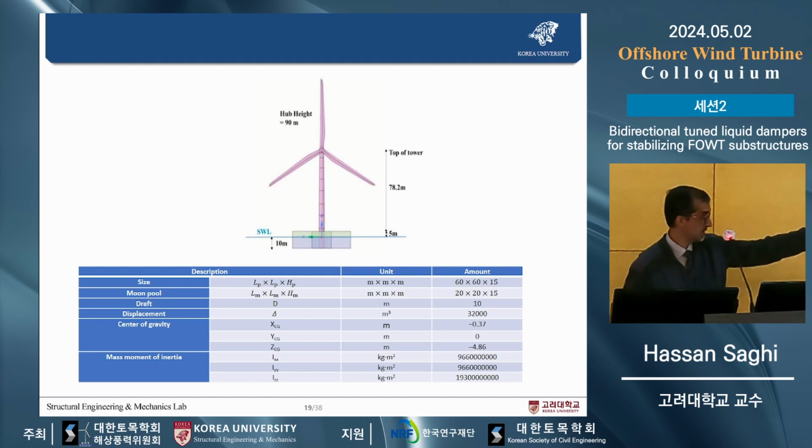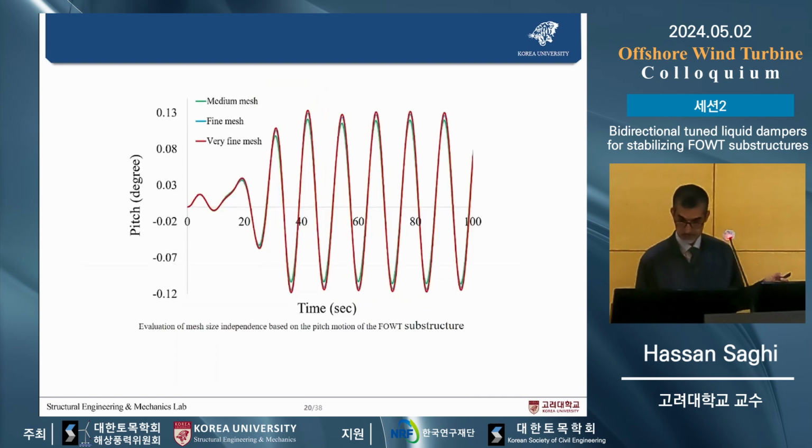Here you can see specification and some parameters of the substructure. And the pitch motion of the structure for different mesh sizes, because you know the first step and the most important issue is the mesh size independency. So we modeled for different mesh sizes. Here, medium, fine, and very fine.